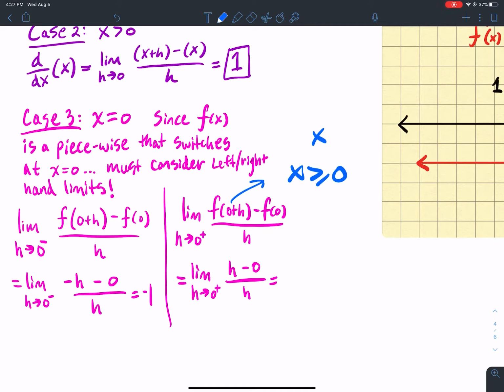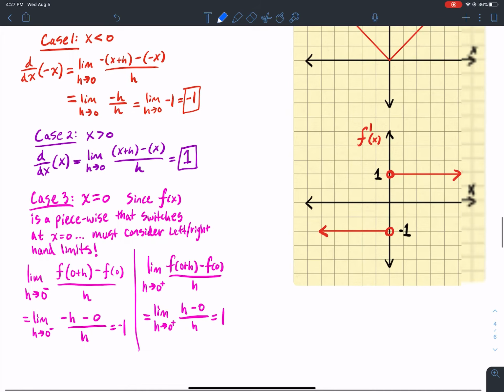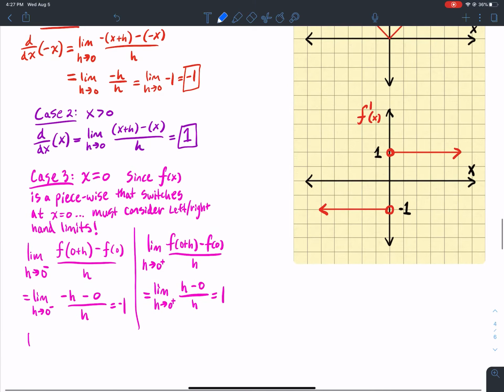So I plug in 0 plus h into x. I just get h, okay? Minus f of 0, so minus 0. Gets me h in the numerator and h in the denominator, which simplifies to 1. So what does this tell me? This tells me I have a left-hand limit of negative 1 and a right-hand limit of positive 1.